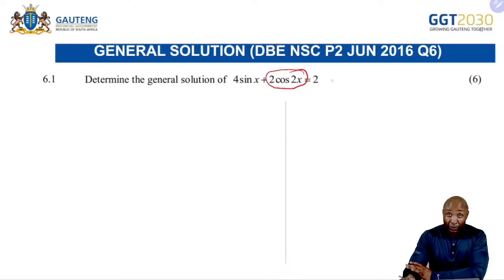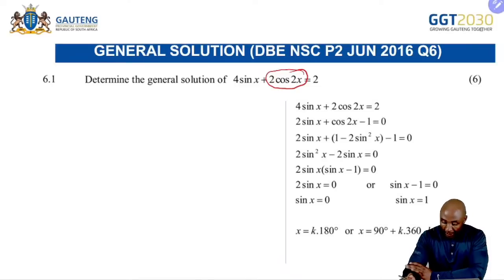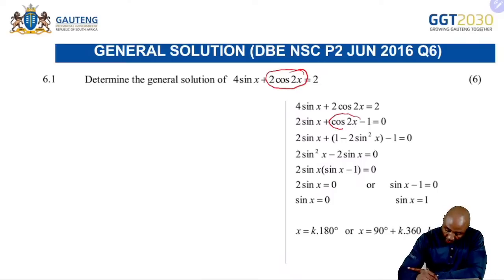In the interest of time, I will not work it out, but you divide throughout by 2 because 2 is a common factor. You are able to see that this is an identity. So where there is cos 2x, you put the identity, you end up having your equation in terms of sine only, and you now use factorization and you get your general solution as such.